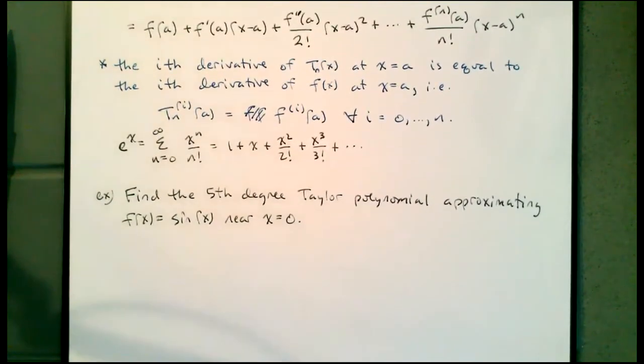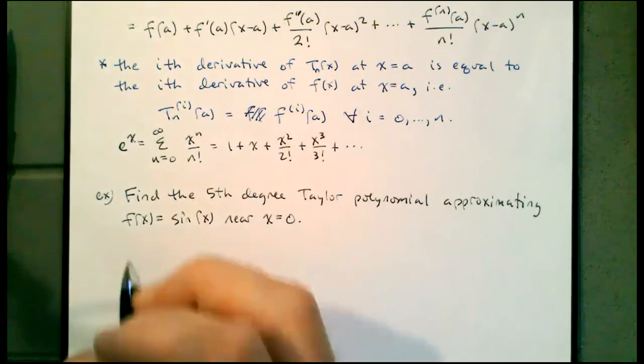There we go. Now we got the formula at the top. So let's find the 5th degree Taylor polynomial approximating sine x near x equals 0. This means that we need to look at the function f of x evaluated at 0 and all of its derivatives evaluated at 0, at least to the 5th derivative. We need to do this until we can find some kind of pattern that will work.